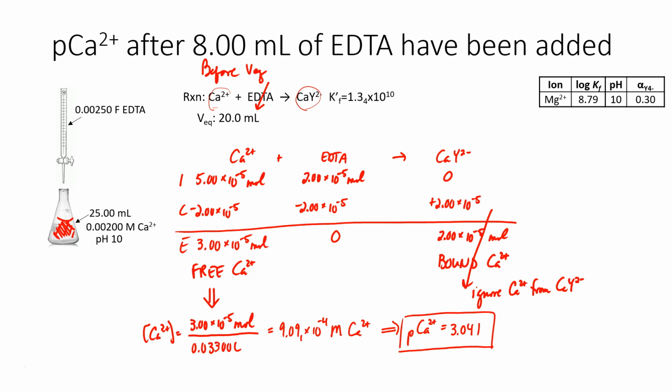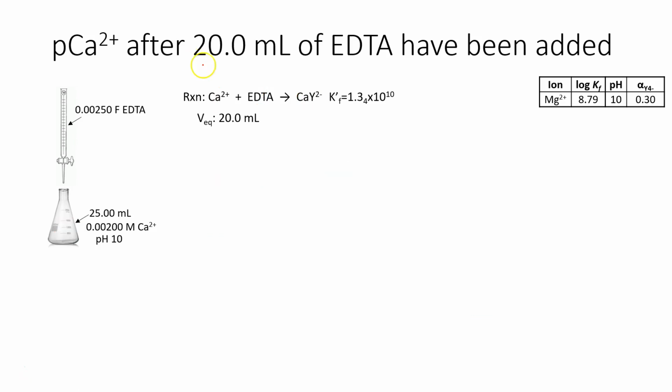I think you know what volume is going to be next. Yes, at the equivalence volume. So what is true about this solution at the equivalence volume? You've added enough EDTA to bind all of the calcium. So EDTA is gone, calcium is gone. All you have in this solution is the complex.